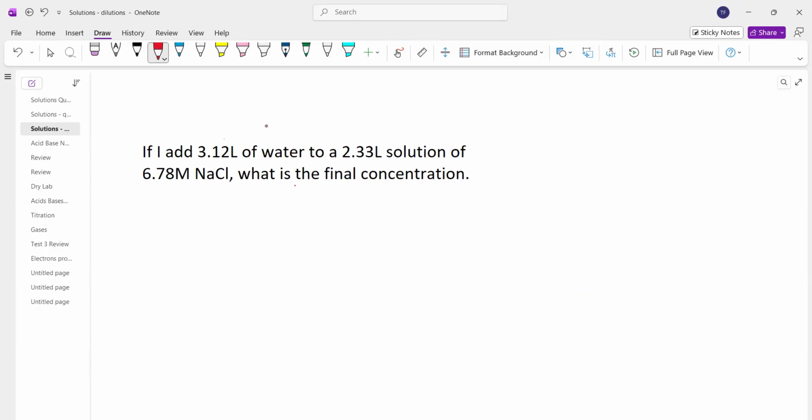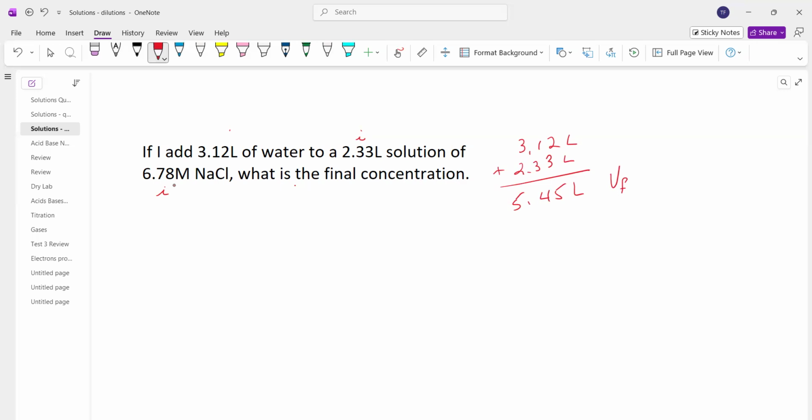Okay, so what's the final volume of the solution? So that's the final concentration. Same equation.